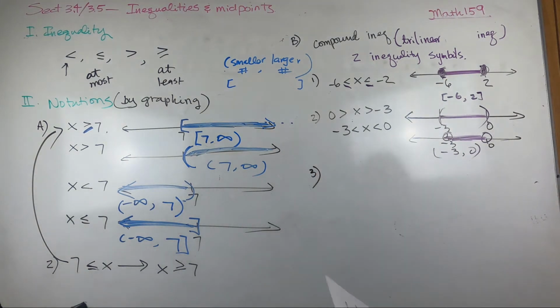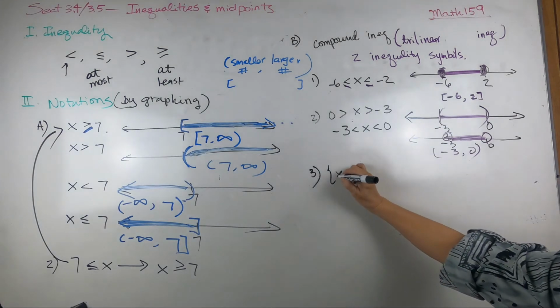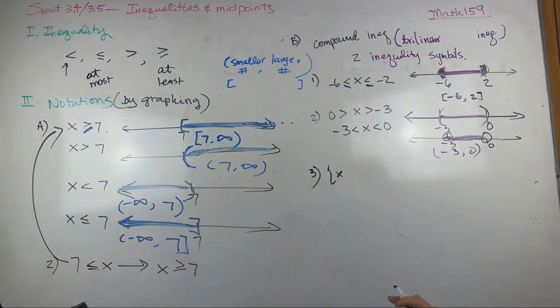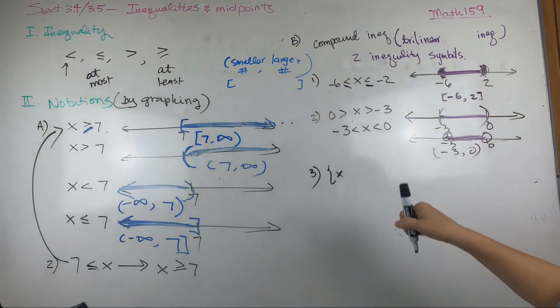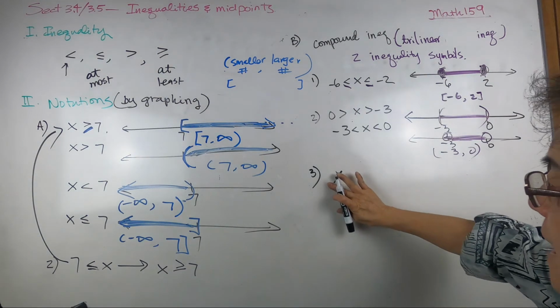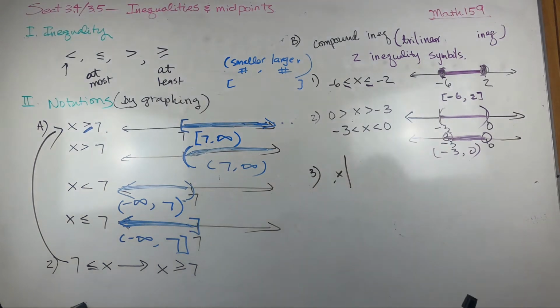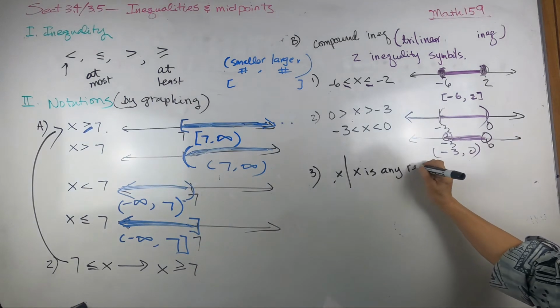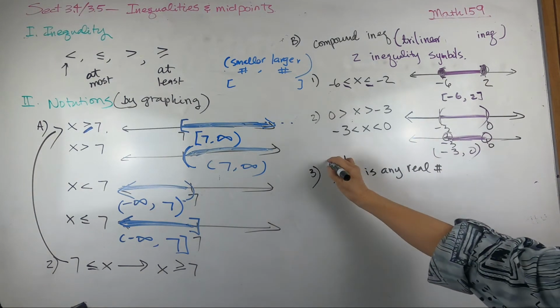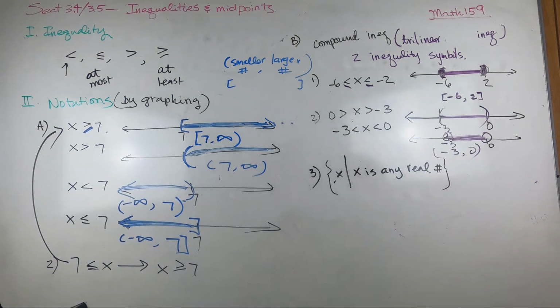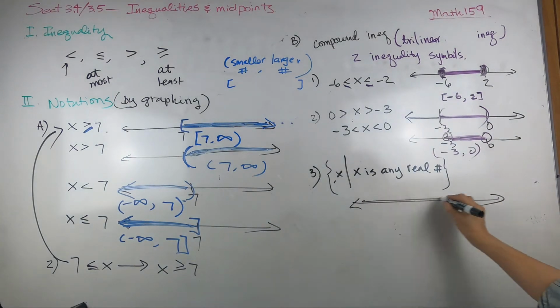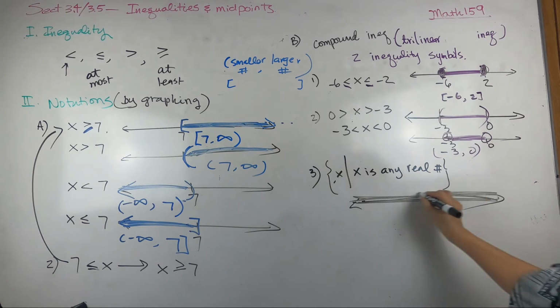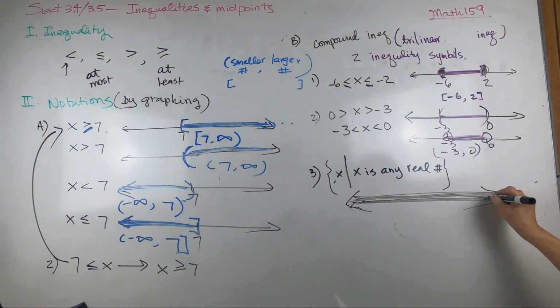Next one, this is a more formal way to show x. You write x, then put a bar there to describe it: x is any real number. Then you use curly brackets to include them. This is a formal way of showing x. If we graph it, this is a line, and x is everywhere, the whole thing.